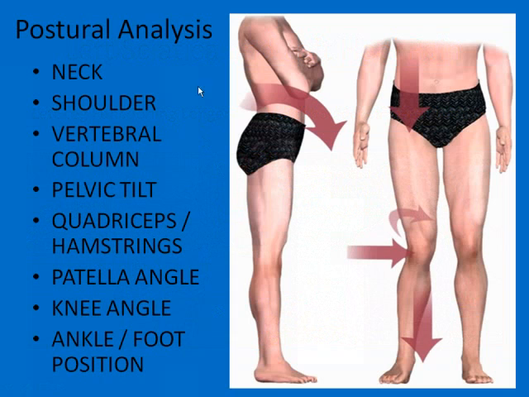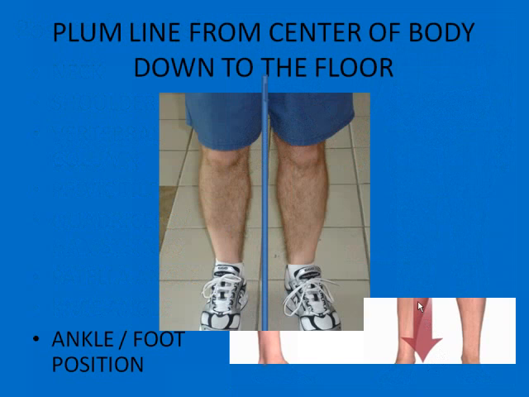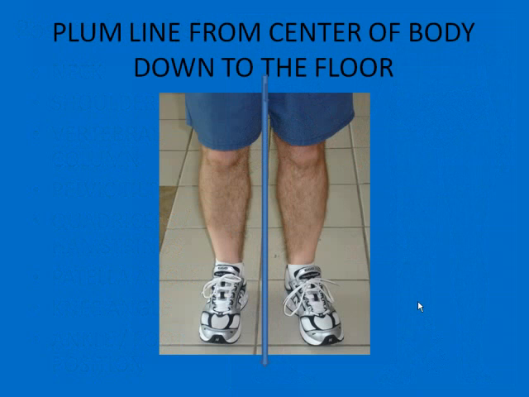You want to look to see what the neck, the shoulder, the vertebral column, the pelvic tilt, the quadriceps, the hamstrings, the patella alignment, the knee angle, and the ankle and foot positions. And when you dictate, if you're into handheld dictation, I would advise you to do this when you're seeing a lot of patients and want to communicate with your physicians. Dictate immediately what you're seeing, or right after you see the patient, to have this to follow up with physical therapists and other referring sources.